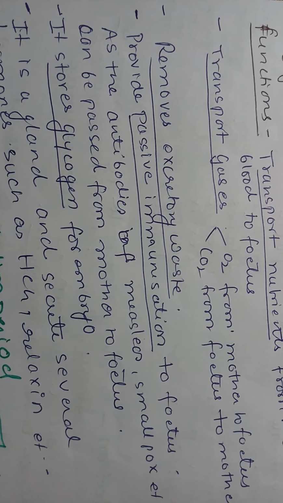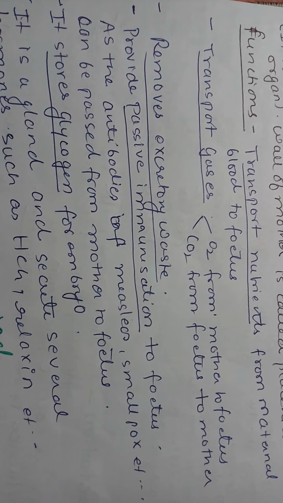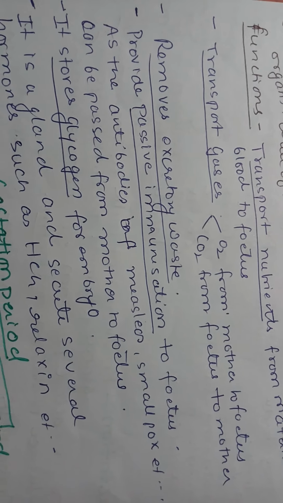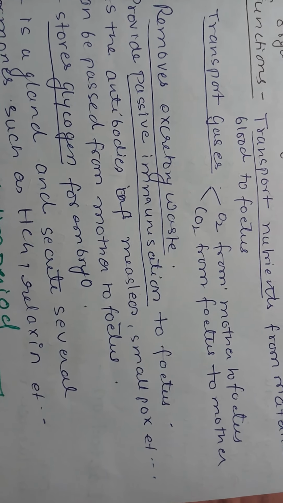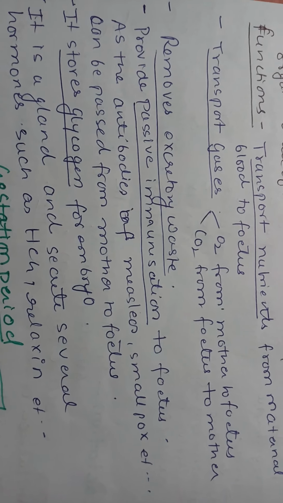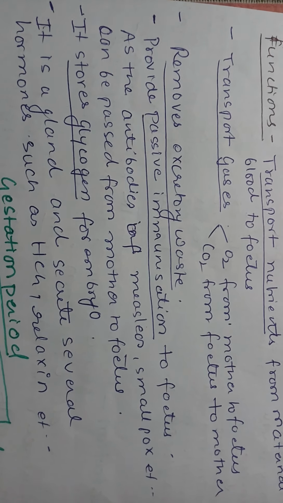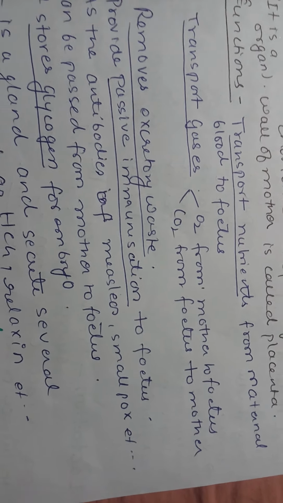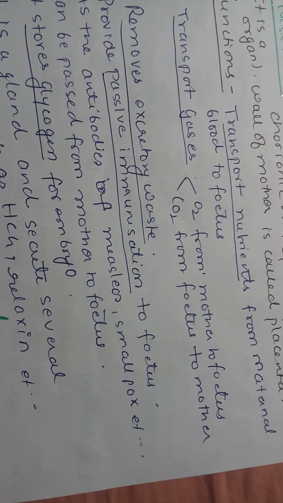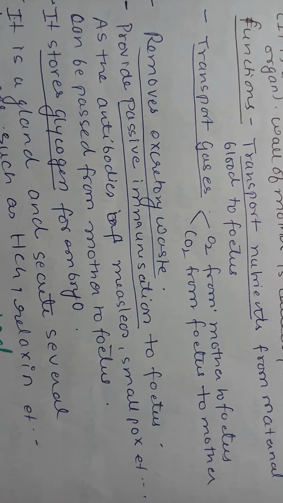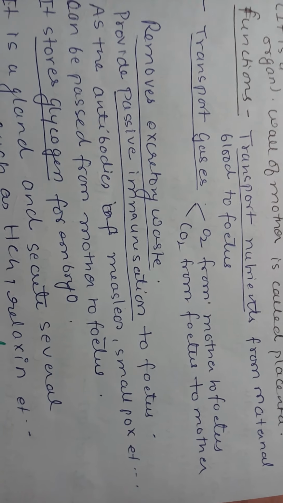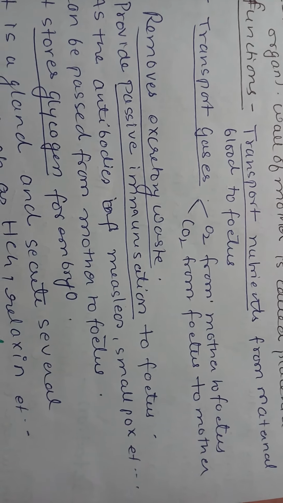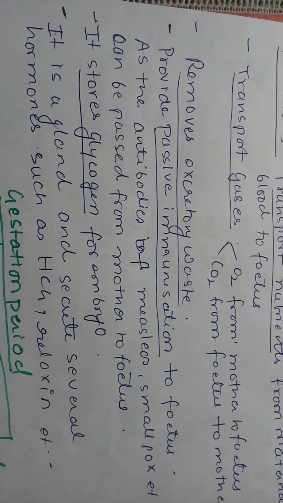It removes excretory waste and provides passive immunization to the fetus, as antibodies of measles, smallpox, etc. can be passed from the mother to the fetus. So if the mother is infected, her body synthesizes antibodies, and these antibodies cross the placenta and reach the fetus. So ultimately he or she will get passive immunization.